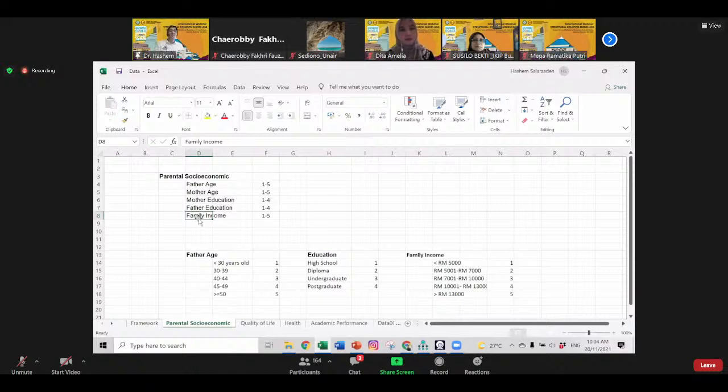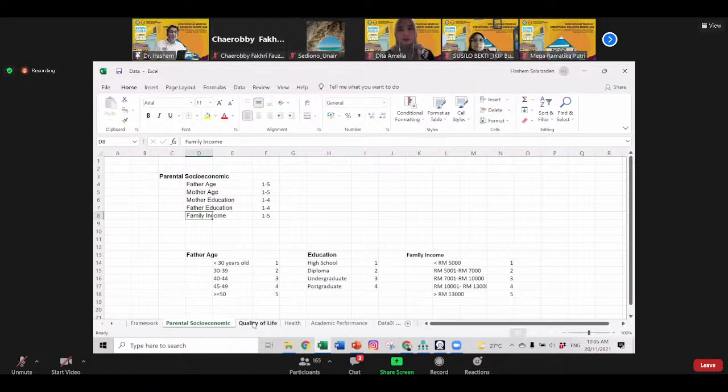Normally, in my papers, for parental socioeconomic or household environment or household socioeconomic, I use 4 or 5, sometimes 6 measurement variables. All of you know about father age because you are statisticians. Luckily, I don't need to explain more. You are coding father age, education, and family income.